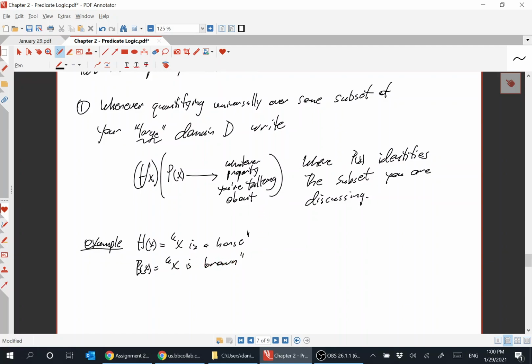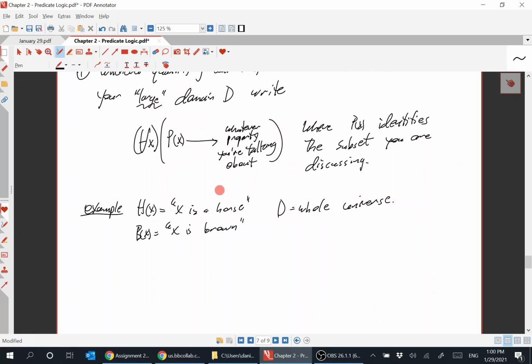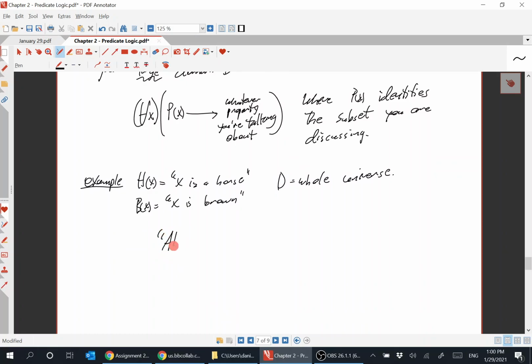D is the whole universe, and you want to say all horses are brown. What you would write is, for every x, so the domain is the whole universe, but I'm only talking about horses. So all horses are brown.